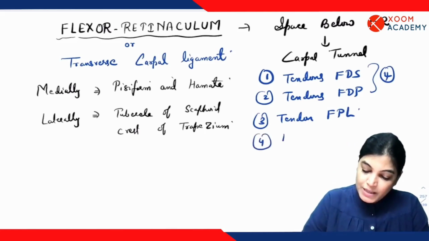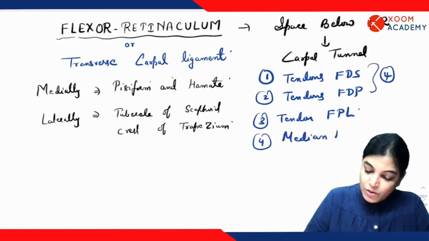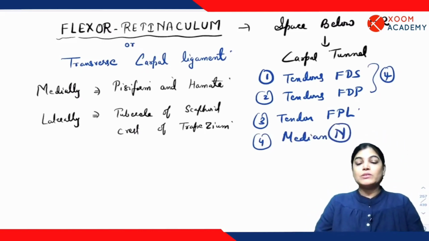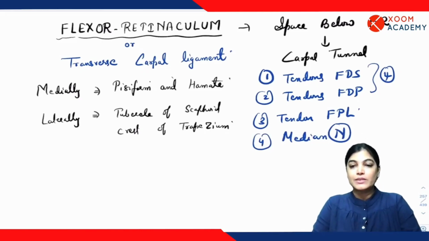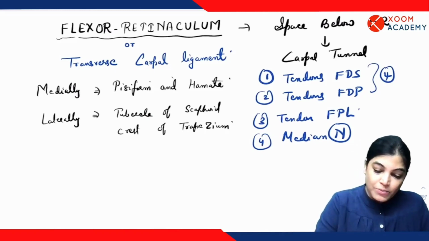Also, we have the median nerve traversing in the osteofibrous tunnel below the flexor retinaculum. So only in this space is there a chance of compression of median nerve, and that condition is called carpal tunnel syndrome. I would also like to write one important point here.